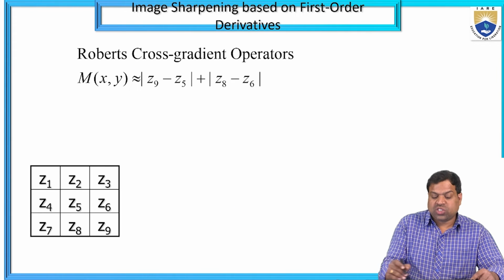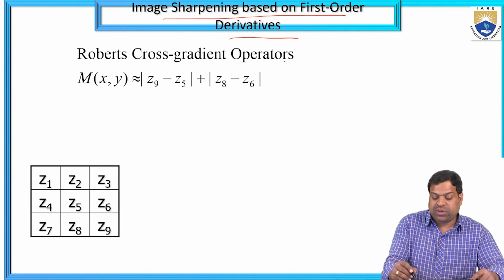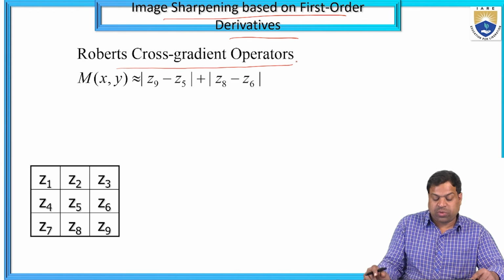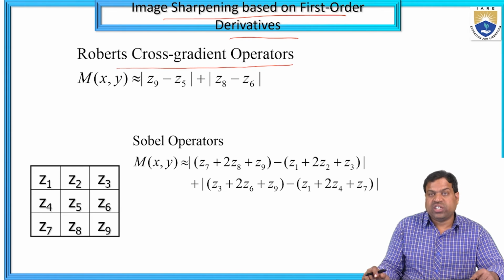Here I am using the Roberts cross gradient operator. The formula is M of x comma y equals z9 minus z5 plus z8 minus z6.